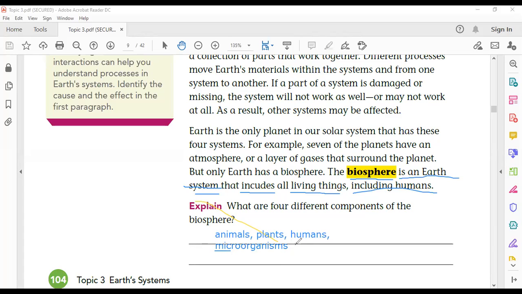So microorganisms include bacteria, fungi, viruses. Micro means that you can't see it with your eyes.